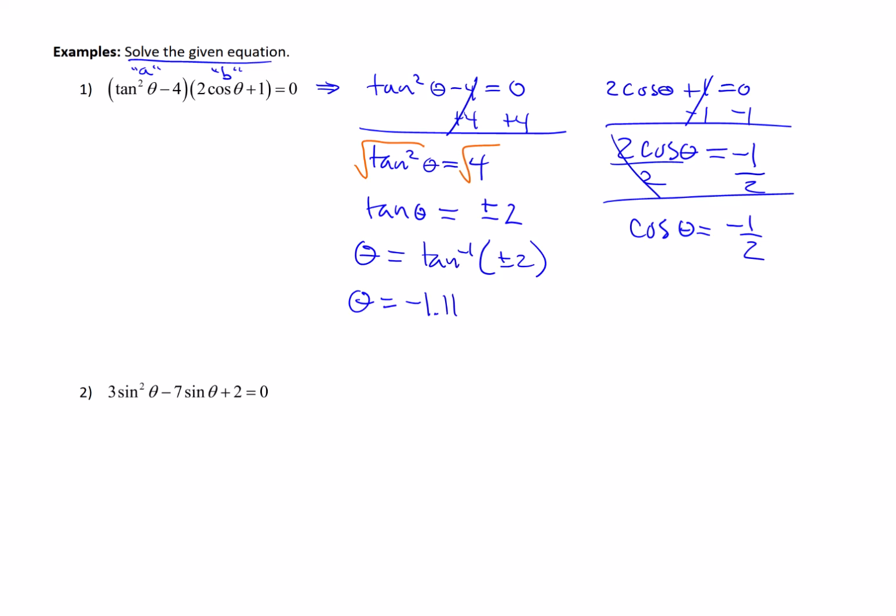So we'll say -1.11 plus k times the period of tangent, which happens to be pi. Here k is an integer, where we say k is an element of the script Z numbers, the integers. And so we have theta equals -1.11 plus k pi.